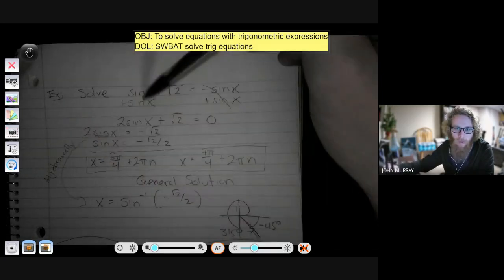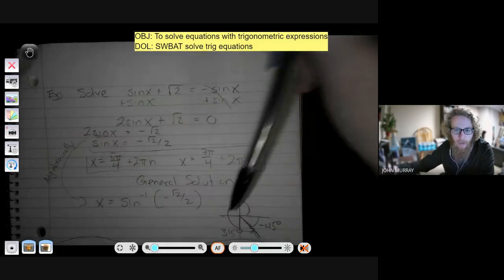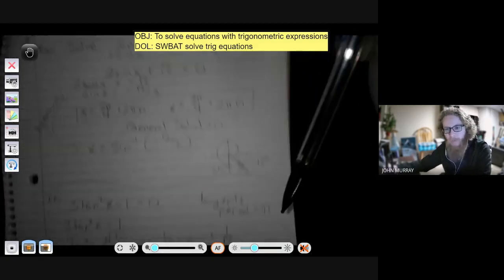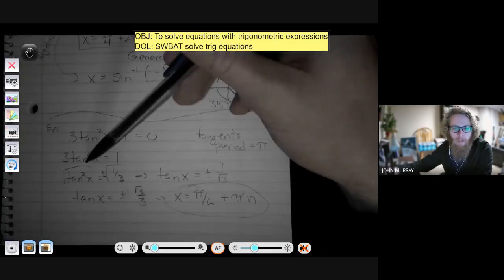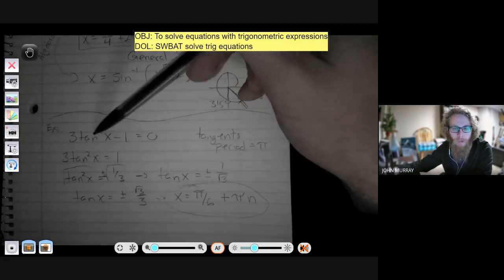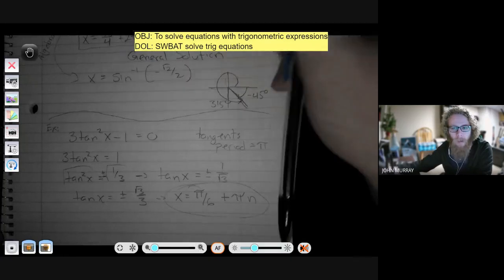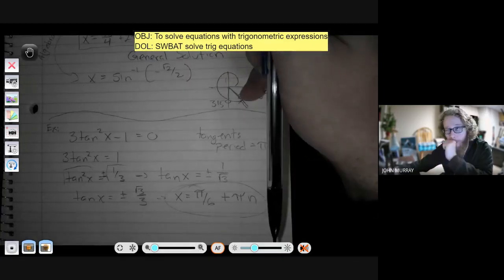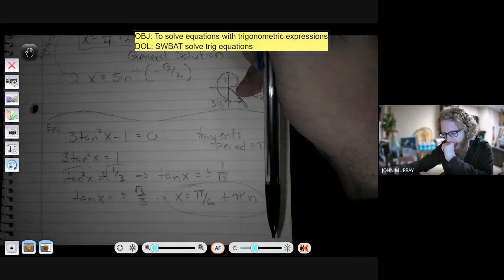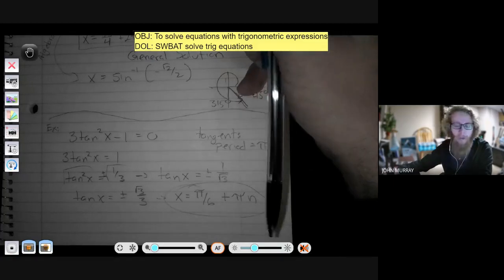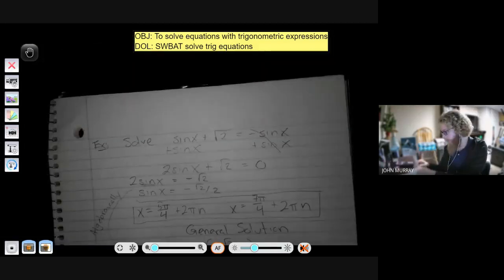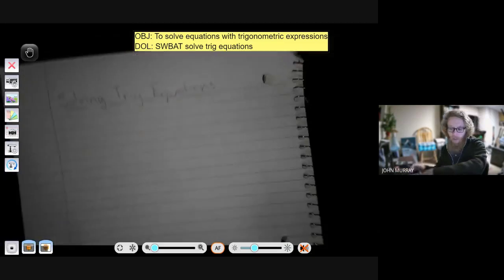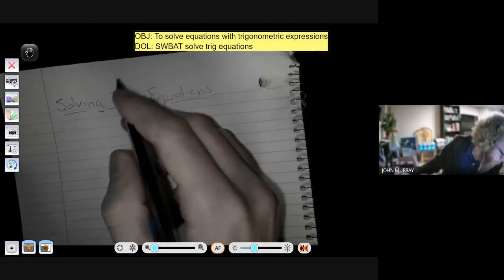We're looking to isolate our variable, x or t or theta or whatever we have. If we have a squared, we might have to square root, right? If we see a tangent squared, a sine squared. So we have to remember, that's a big one, to take these things into consideration.